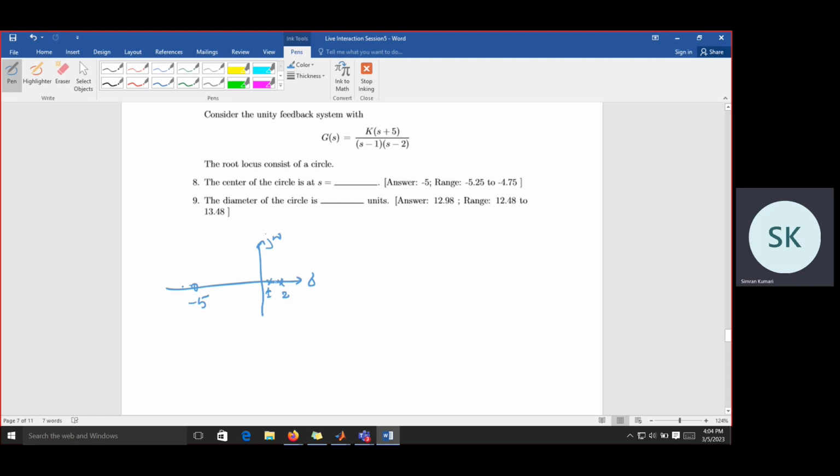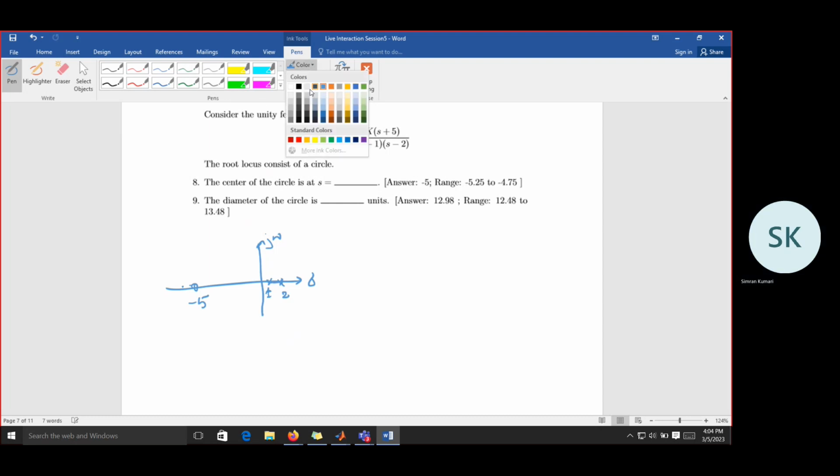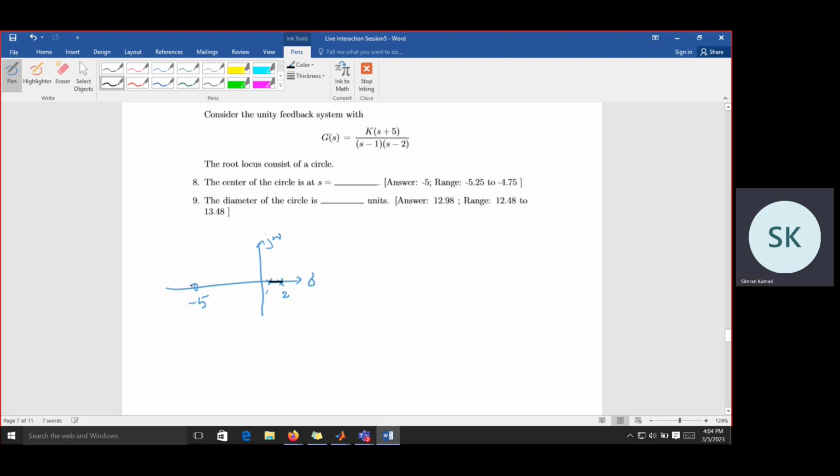So what do you expect? This one would be on the root locus. This should also be on the root locus. Since these poles are coming, this will break away. And then here, there will be some break-in point. So it will evolve like this.